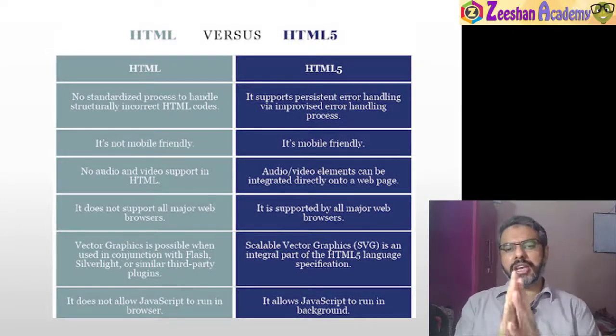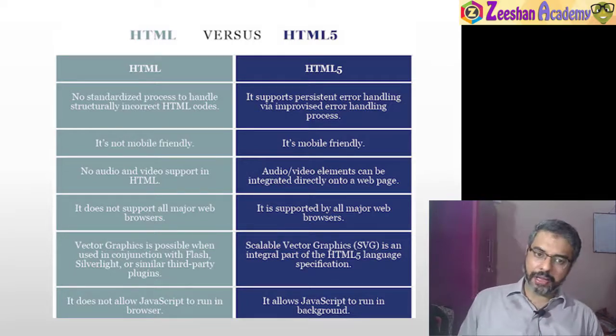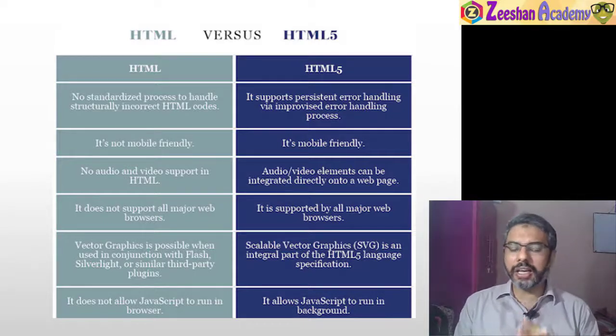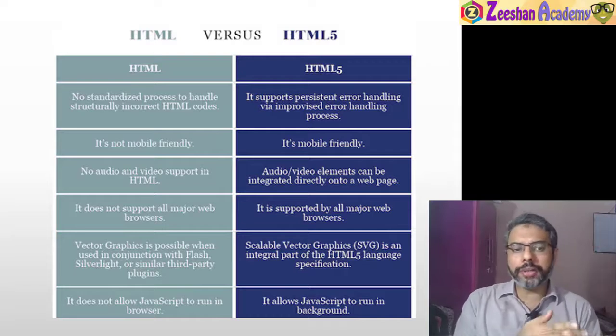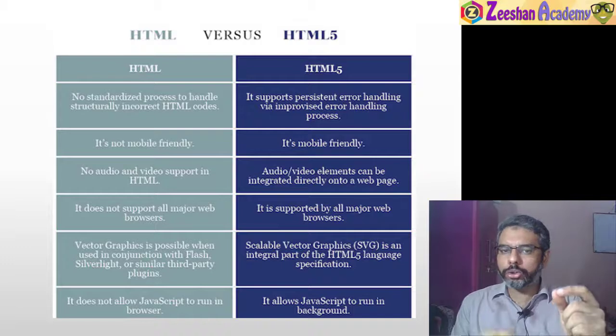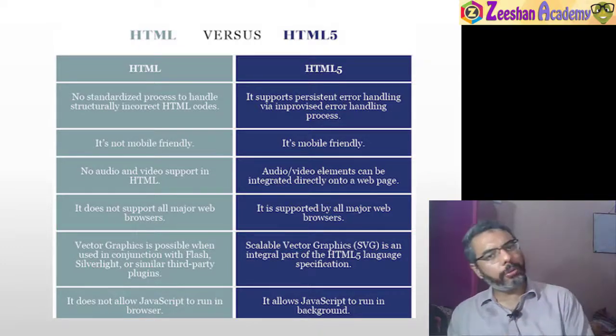Continuing from there, let's create some more differentiating factors, HTML versus HTML5. In HTML, there is no standardized process to handle structurally incorrect HTML code. There was no process. Like I said previously, there is no way of understanding errors. So for example, if you write a paragraph tag and you don't close it, it doesn't really matter. It still would work. If you write a bold tag but don't close it, it still wouldn't matter.